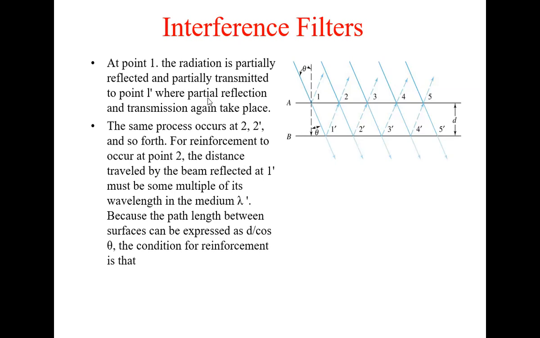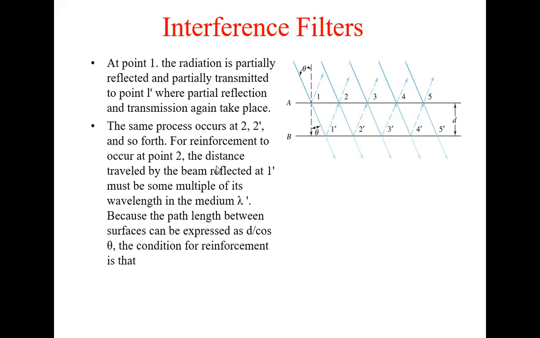And then the same process can occur for 2. It can be partially reflected, and then it can go to point number 2 prime. For reinforcement to occur at point number 2, notice here, there is this partial reflection, this dashed line. Then when it goes to 1 prime, it can also be partially reflected.